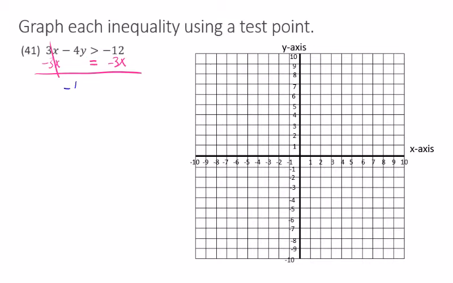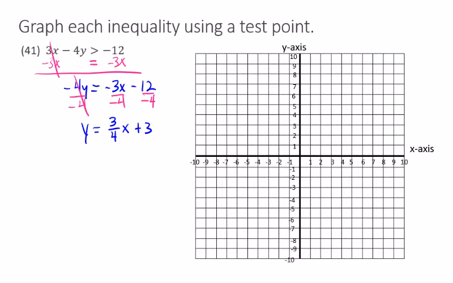So I end up with negative 4y equals negative 3x minus 12. Divide by negative 4. So you get y equals 3/4 x plus 3.